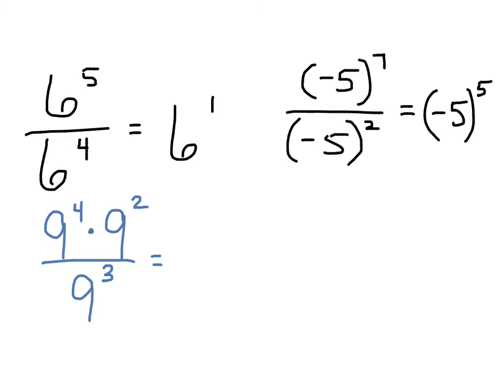Remember, what do you do when you're multiplying like bases? What do you do with the exponents then? Add. So what's 4 plus 2? 6. Then I do my quotient rule. The quotient rule, remember again, you subtract the exponents. So what do I get if I subtract them? 9 to the 3rd. Good.